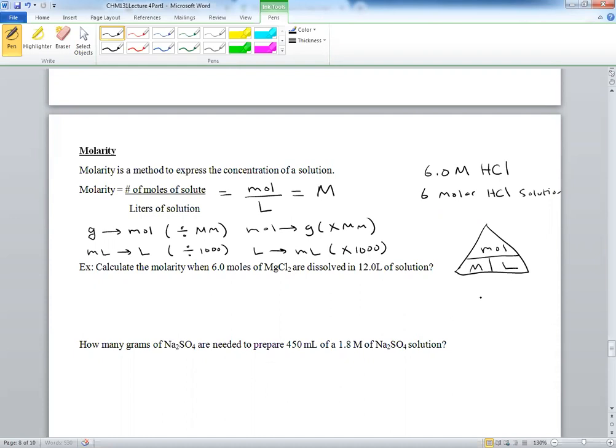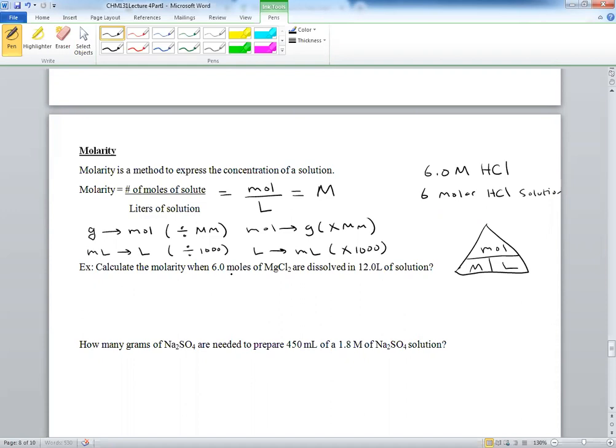If you would like to calculate the molarity, you go moles over liters. If you would like to calculate liters, you go moles over molarity. And if you need moles, you take molarity times liters. Once again, make sure you remember what this unit is. It's moles over liters. That's all it means.